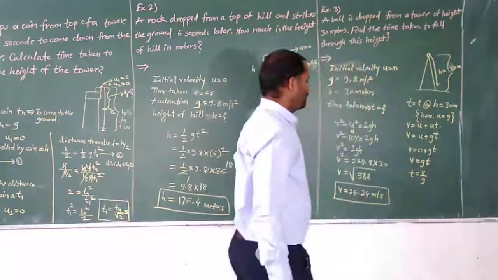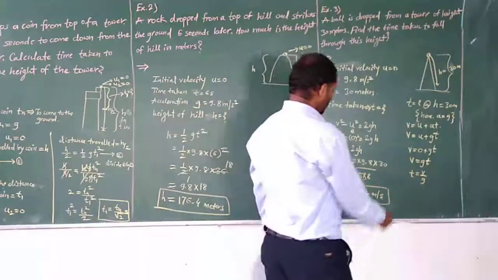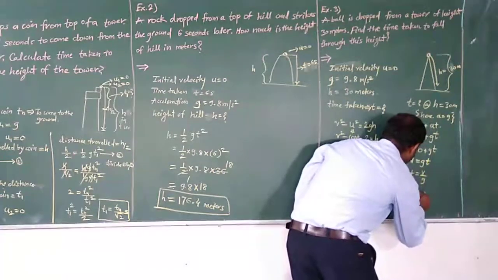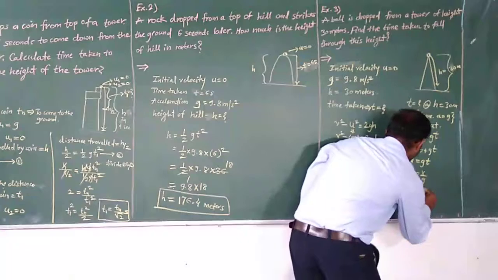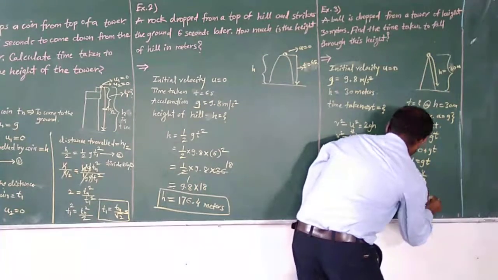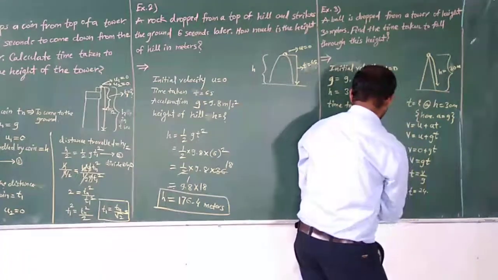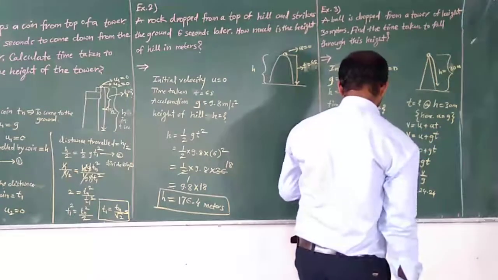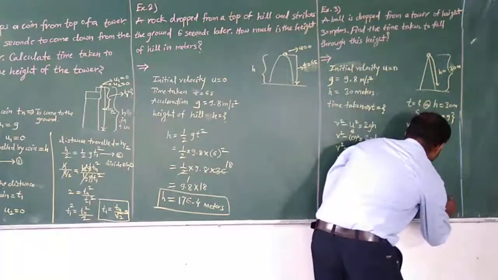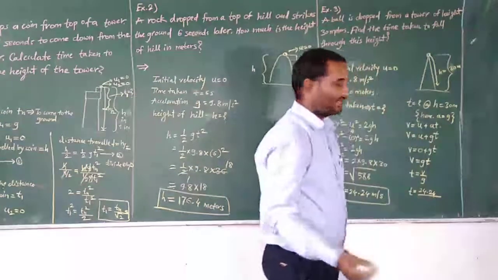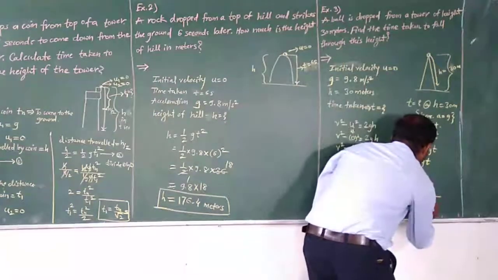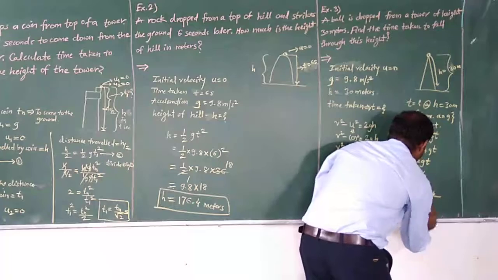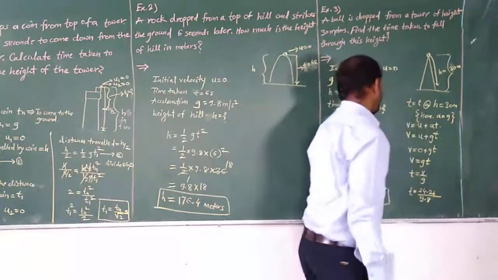So we got this equation. We know the value of v, 24.24, divided by g. Acceleration due to gravity is 9.8, unit meter per second square.